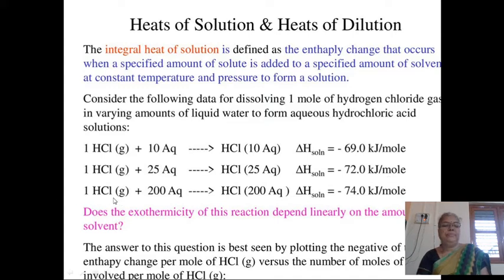Again, in the third case, if we dissolve 1 mole of HCl in 200 ml of water, then we have prepared 200 ml of 1 molar HCl, and the delta H again is minus 74 kilojoule per mole.